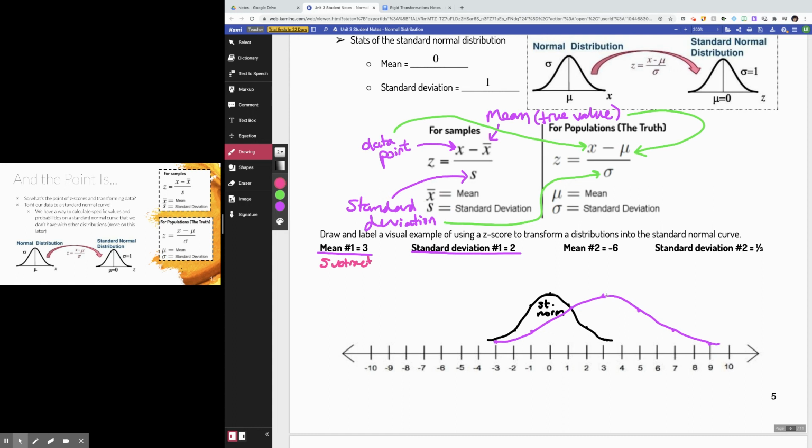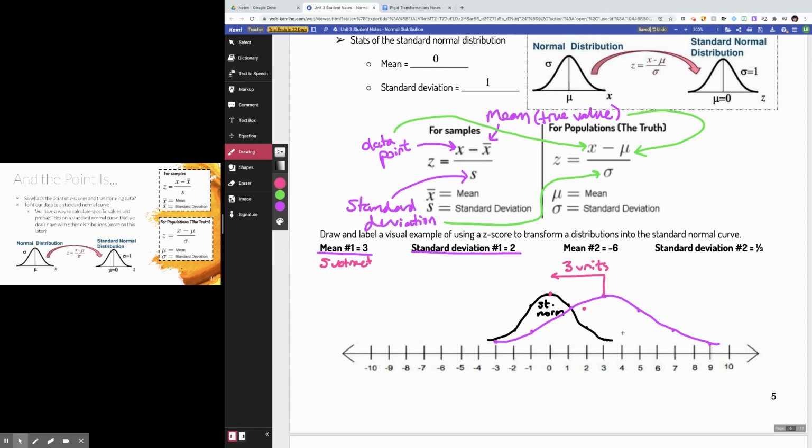If I take this curve and I subtract 3, that means I'm going to move it 3 units to the right. So I'm going to move it 3 units. Now this point, which was originally at 3, is now at 0. This point that was originally at 5 is now at 2.